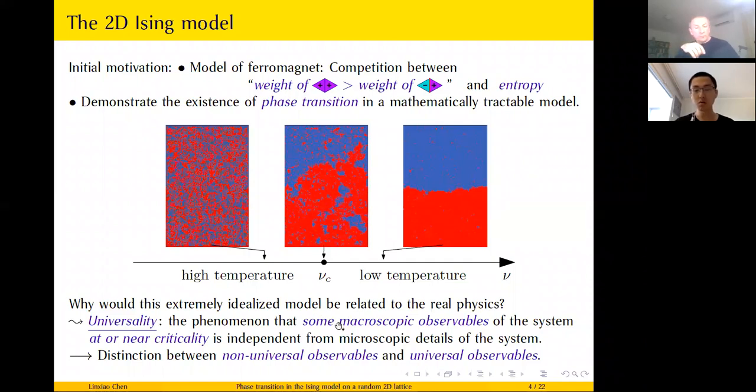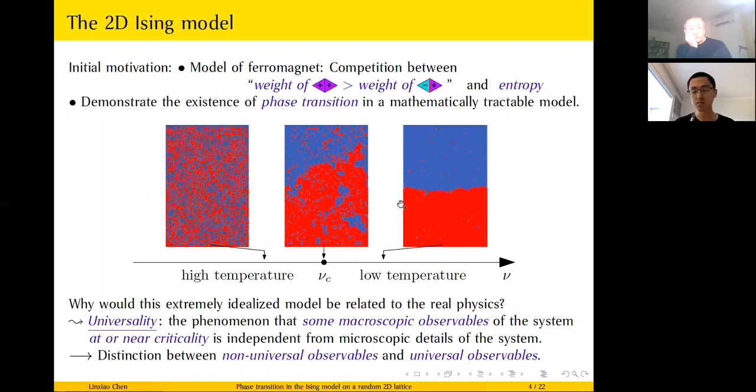Not all observables behave this way. There are non-universal observables which depend on the details of the model, and universal ones which do not depend on the details of the model. For example, this temperature ν_c is a non-universal observable. If you change the underlying graph of the model, this temperature will change.